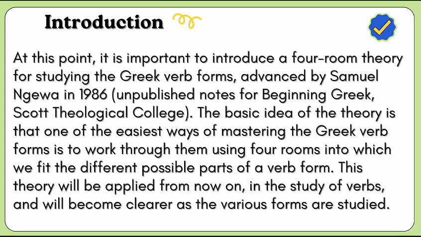When you use this theory, it helps you dissect the different parts of a given Greek verb. We've already said that a Greek verb will have two main parts, the stem and the ending, but there are other elements to a given Greek verb. So the four-room theory will help you identify those elements.